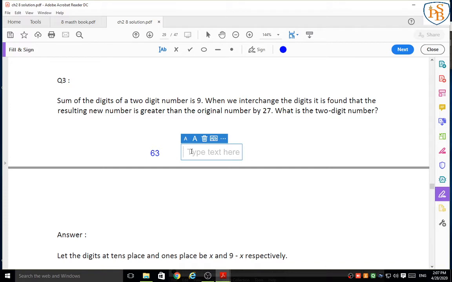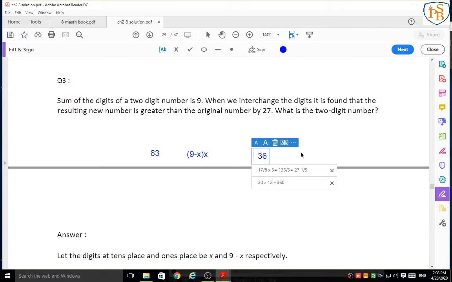As like that, what will be the number? 9 minus x is at the tens place, and x is at the ones place. And if I suppose the number is 36, what will happen?